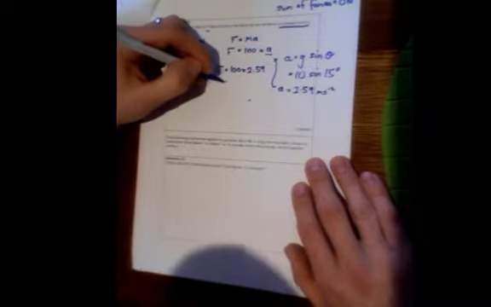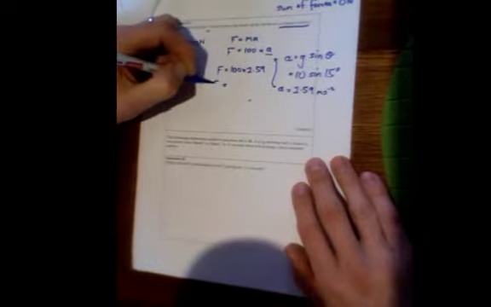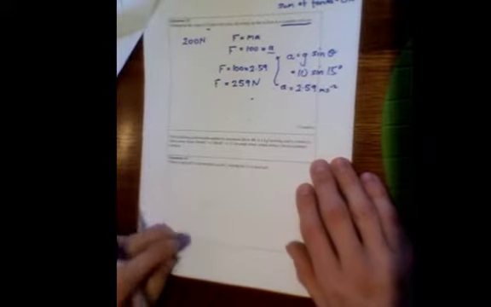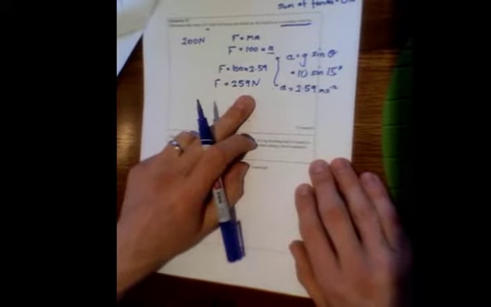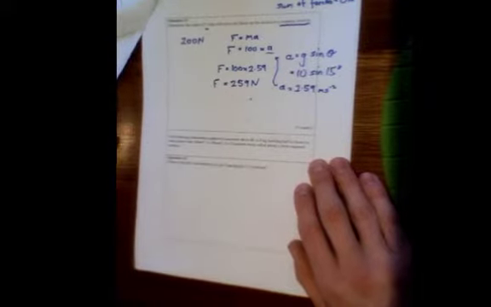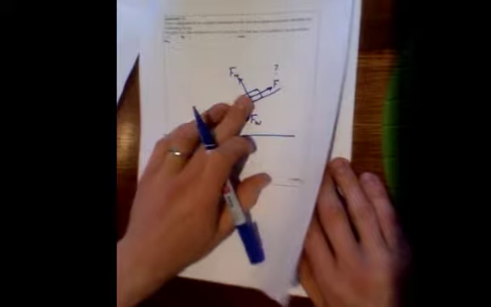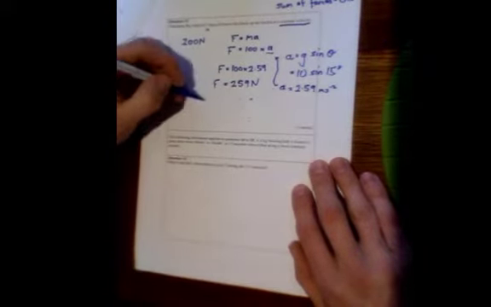Right, 100, so I can just move the decimal place 2 places across. 100 times 2.59 is 259 newtons. So that's how much force I'm going to need to apply to overcome the force of gravity on a 15-degree slope for a 100 kilo block. Alright, so now I just add these together.